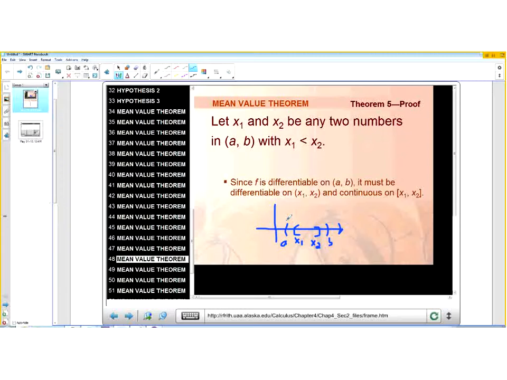We know that f is differentiable on the open interval. If it's differentiable, it has to be continuous. And if it's differentiable on this open interval, then it's also differentiable on a subinterval of the open interval. It's differentiable there, and it's continuous on this closed interval, which is a subinterval of a to b.